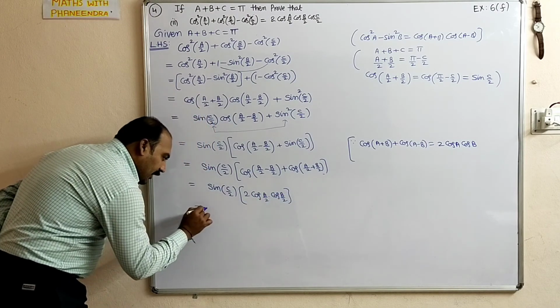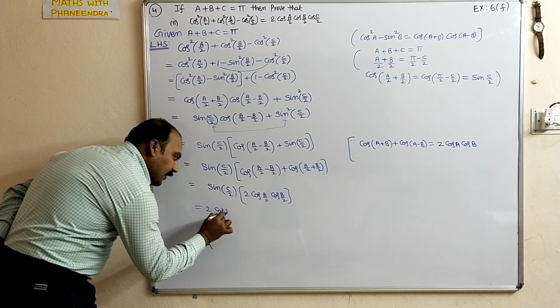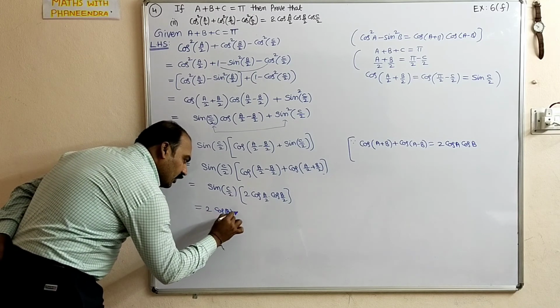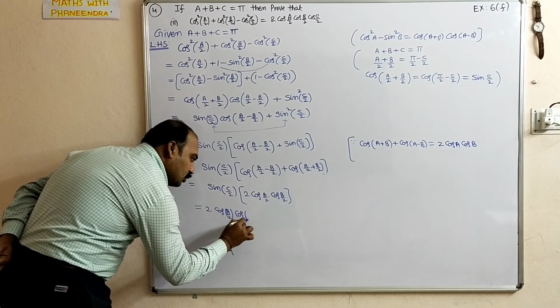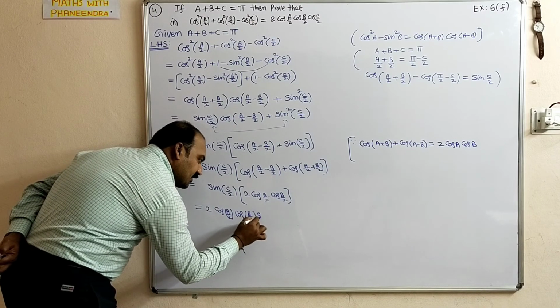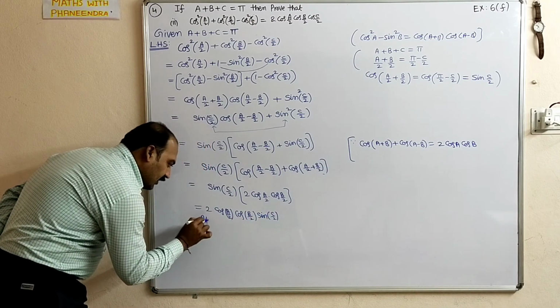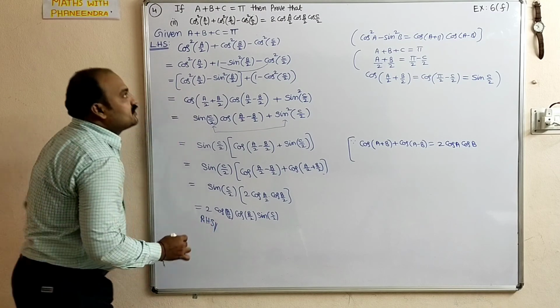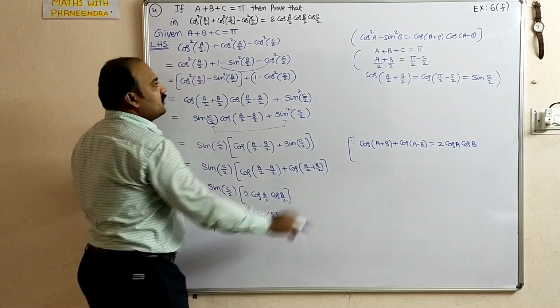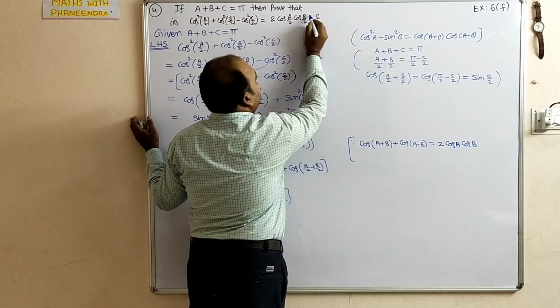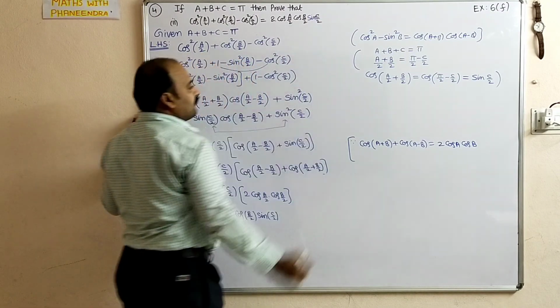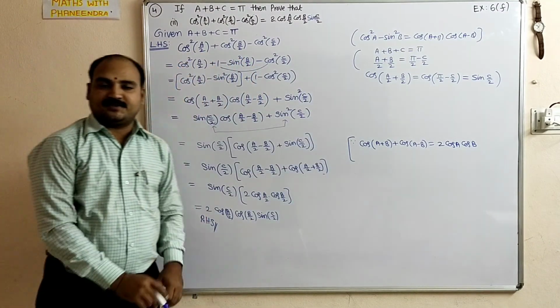So ultimately you have to write 2 times cos A/2 into cos B/2 into sin C/2. This is the required RHS. I think there is a small change here, this is sin C/2. This is the required RHS.